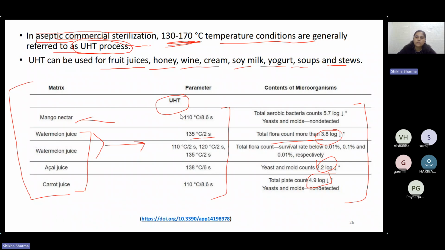Microorganisms need around 600 megapascal or so, but food content like proteins will degrade only at a much higher pressure.